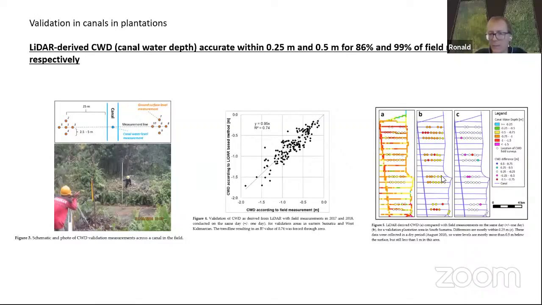The map here on the right side shows the differences, where we find that most of the measurements, 86% and 99%, are within 25 and 50 centimeters from the field measurements.